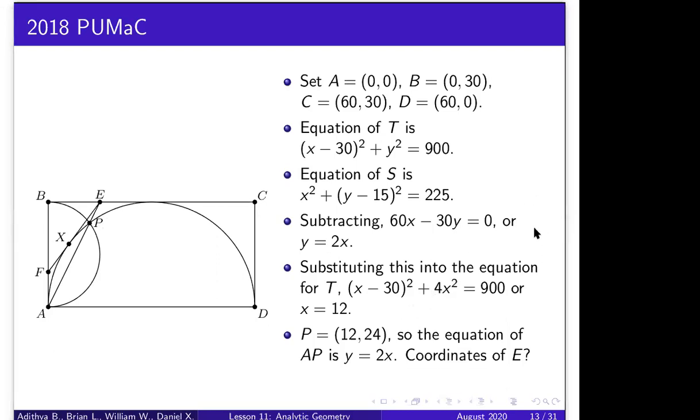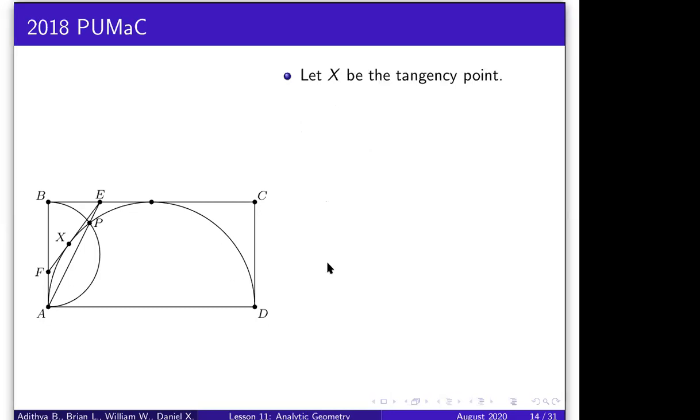So can someone say what the coordinates of E are? Yep, so E is (15, 30), because the equation of line BC is y equals 30. So now we have to look at the tangency here. So we have EF is tangent to the circle with diameter AD, so we can let X be that tangency point.